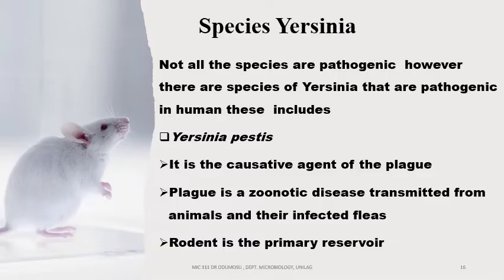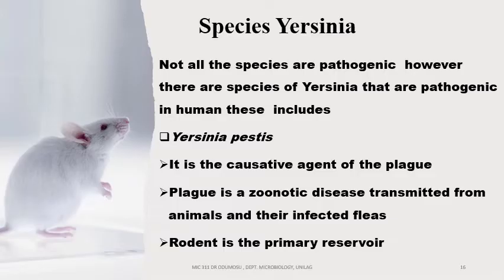Symptoms of plague include chills, fever, and swollen lymph nodes, and in some severe cases, it could have a septicemic form or appear in pneumonic form. So Yersinia pestis is one important member of this family.